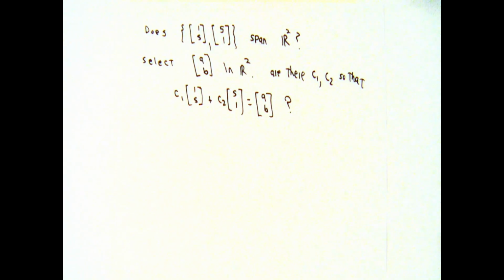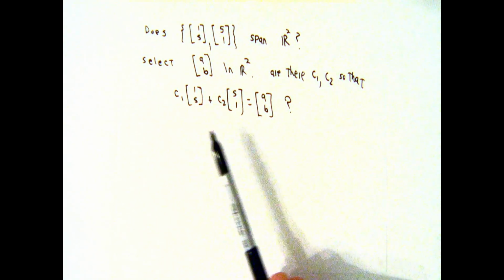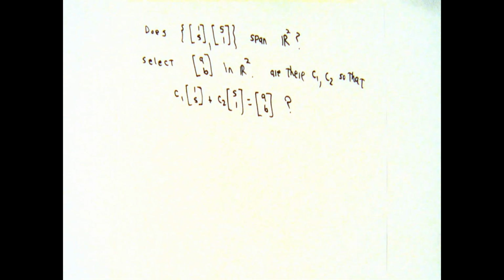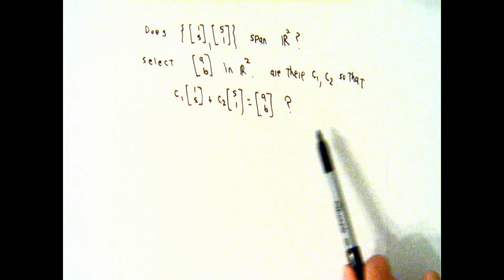I'm going to select some column in R2, A, B, where the A and the B are arbitrary. And I want to think about this. No matter how I pick the A and the B, is there going to be a C1 and a C2 so that I can make this happen? Or are there ABs so that I can't make this happen?